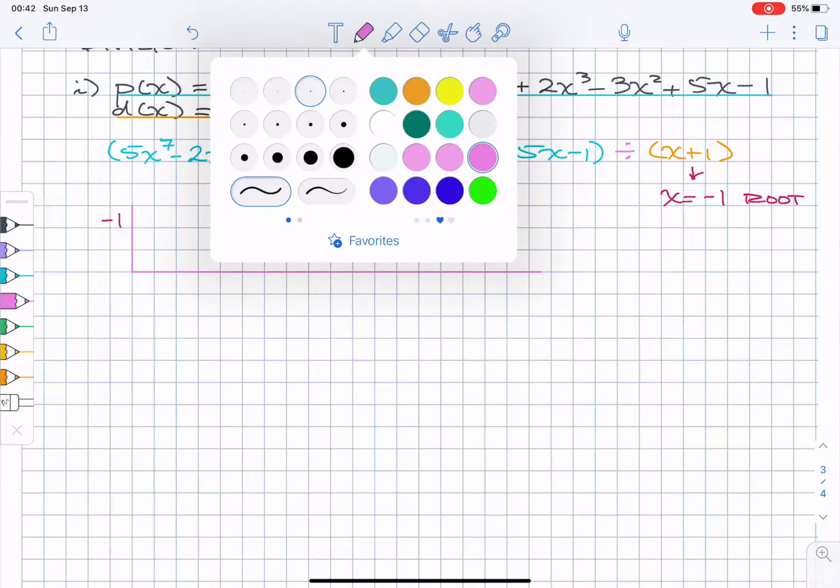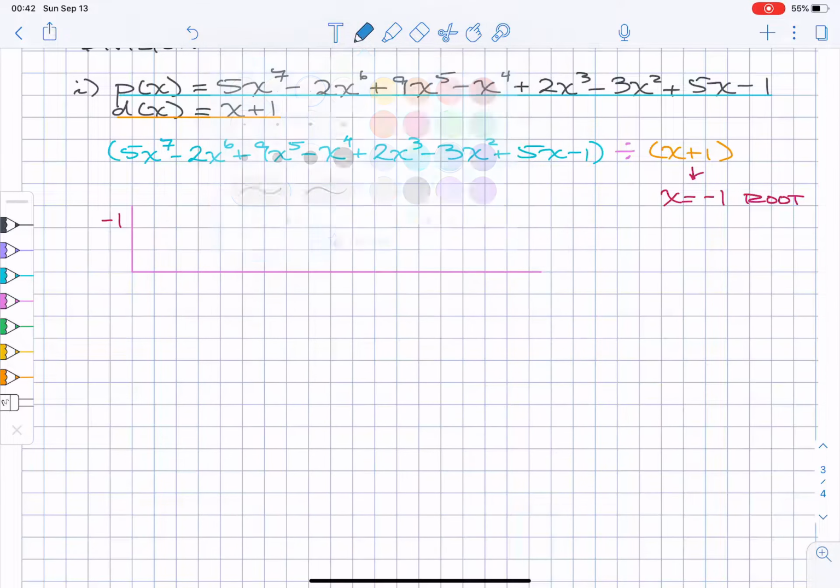So now I look at the coefficients of x in descending order, meaning going down on the power of x.